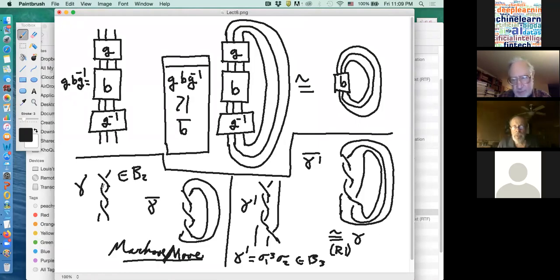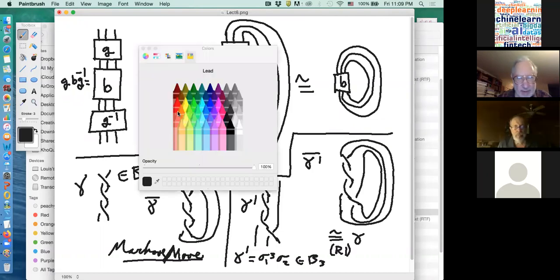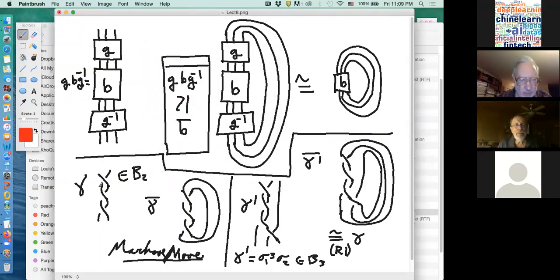Just for the sake of indicating its generality without drawing it all over again, I put a red box here, and we take whatever is inside it and add one more strand and a crossing, and then the closure of that is going to be the same as the closure of the original.